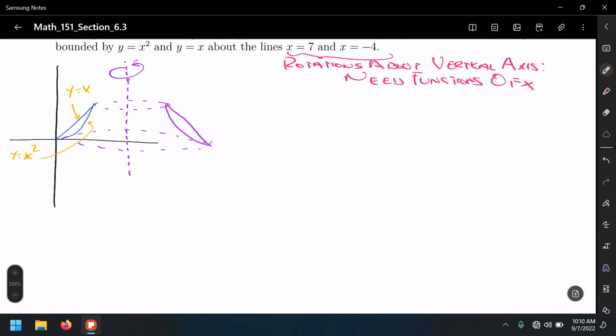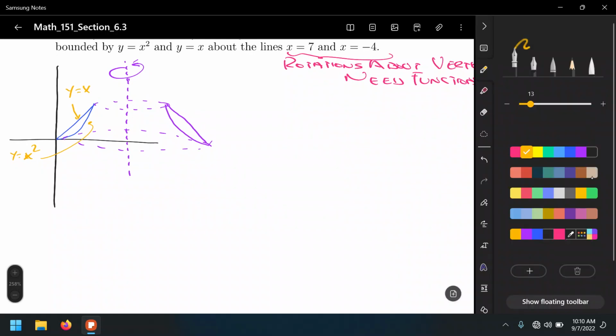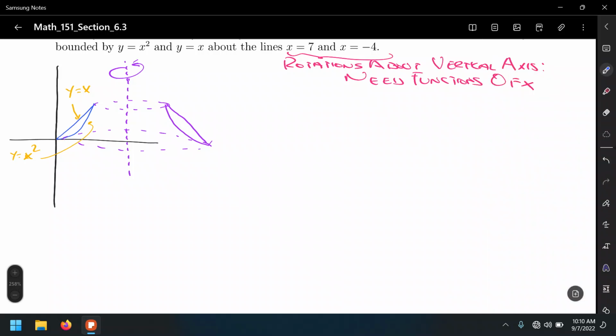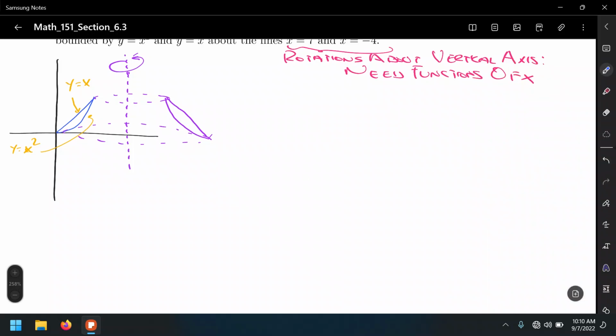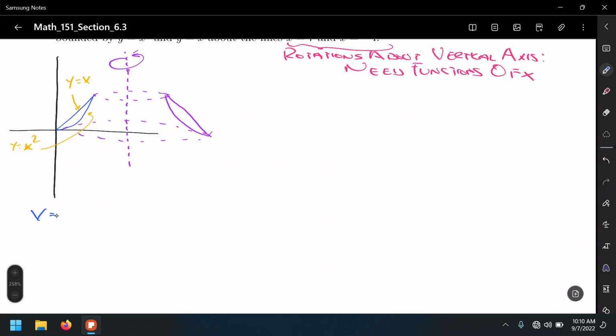So let's see what we're going to get. Let's write down the formula, and then from the formula we are going to visualize better how we set up the integral from a to b, r of x in this case, and h of y dy.